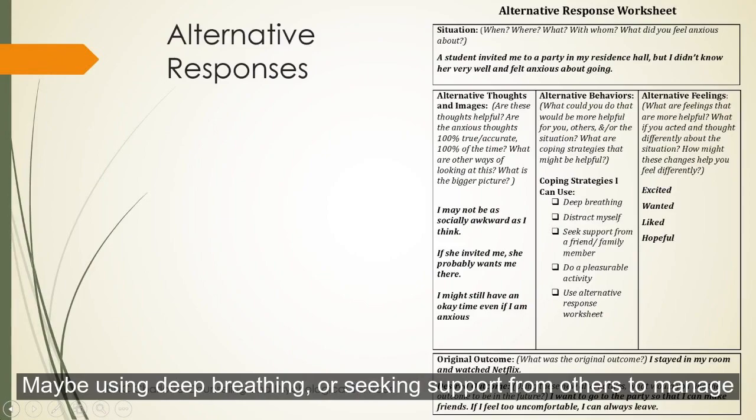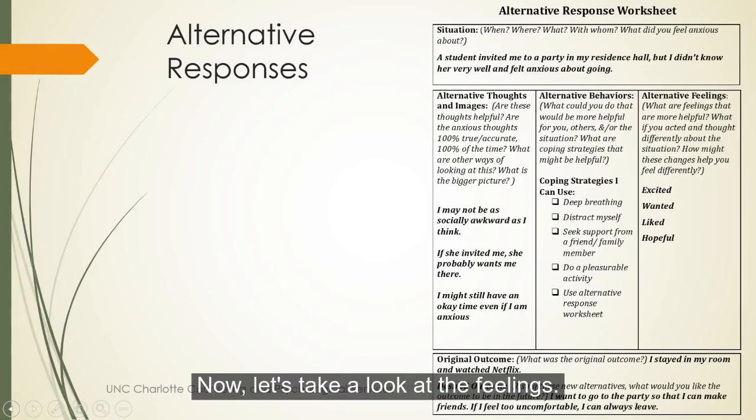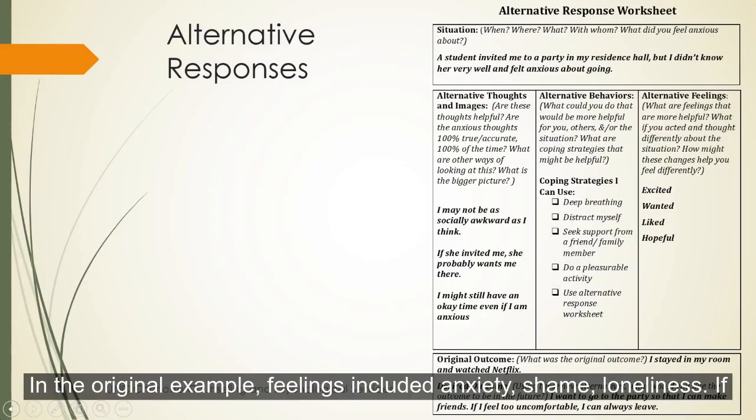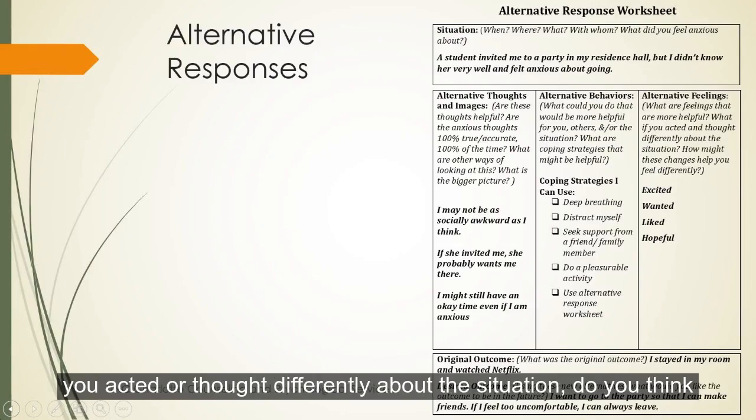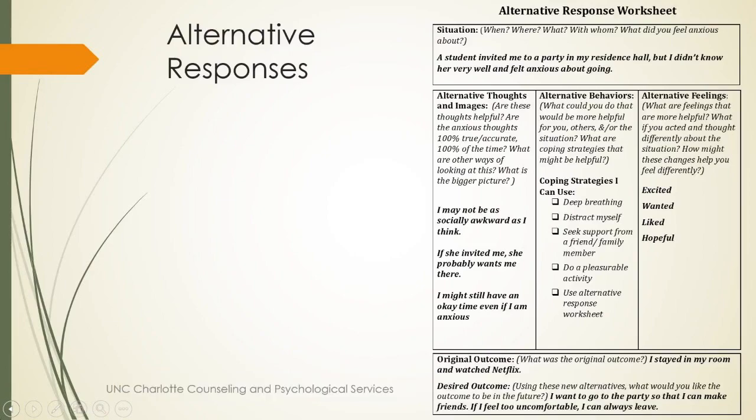Maybe using deep breathing or seeking support from others to manage your symptoms of anxiety? Now let's take a look at the feelings. In the original example, feelings included anxiety, shame, loneliness. If you acted or thought differently about the situation, do you think you'd feel any different? Maybe even more hopeful?